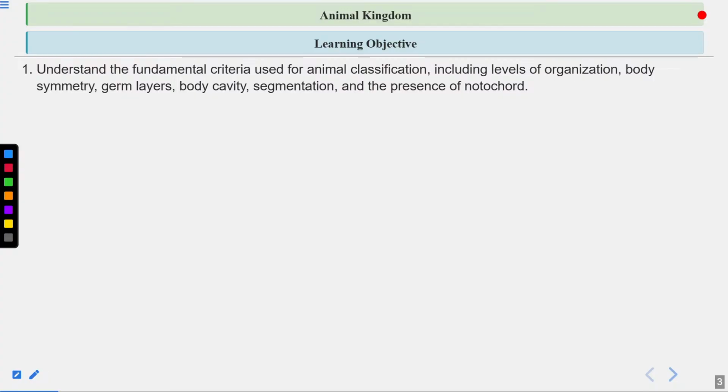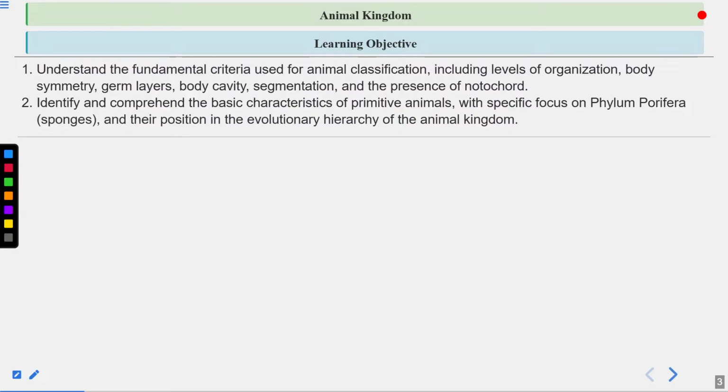Without knowing the level of organization of an animal, the body symmetry of an animal, germ layer, body cavity, right? All these fundamental characteristics are very, very important. So this was the first learning objective.